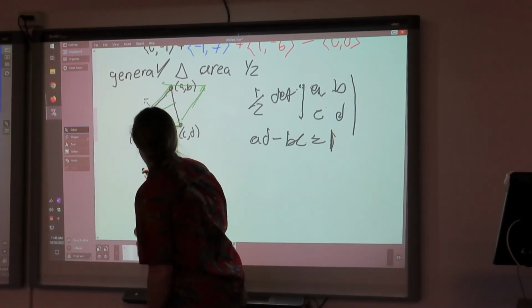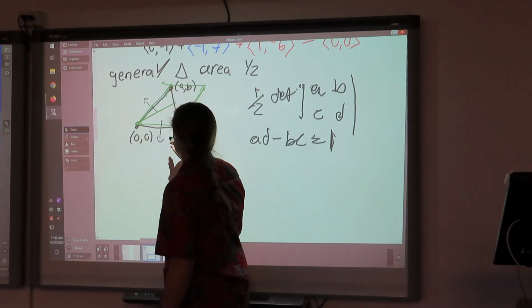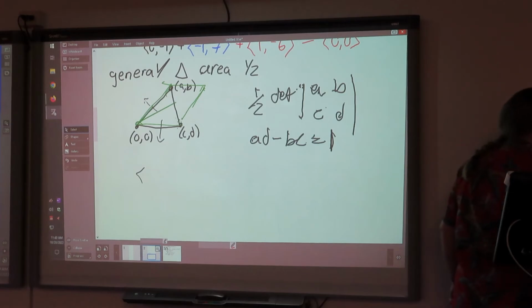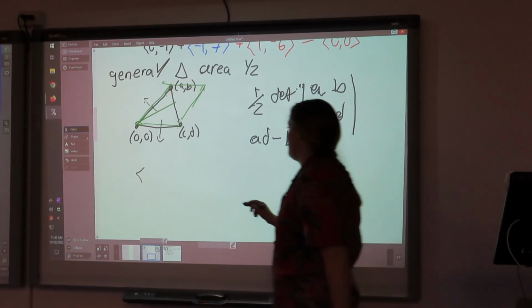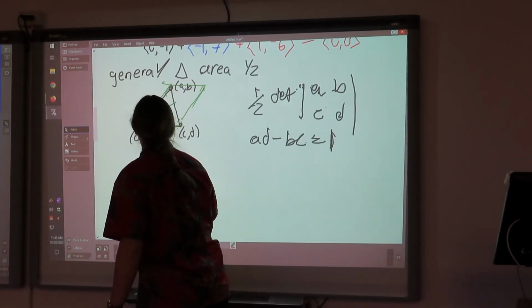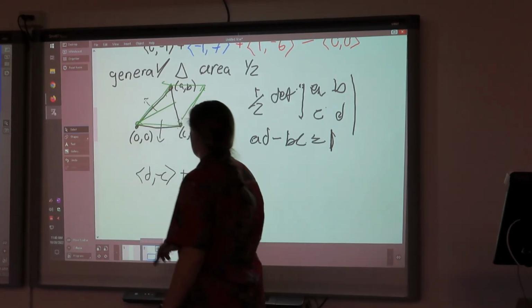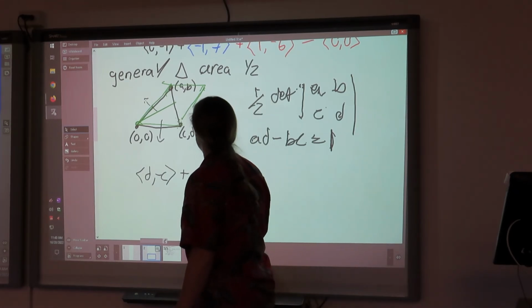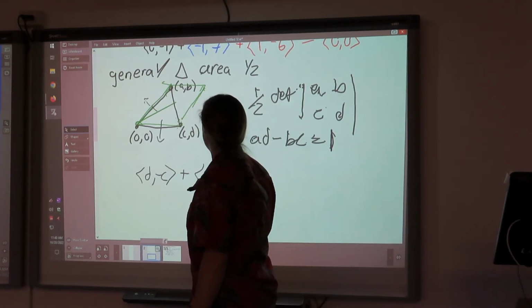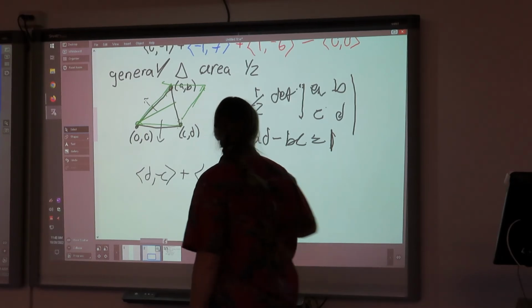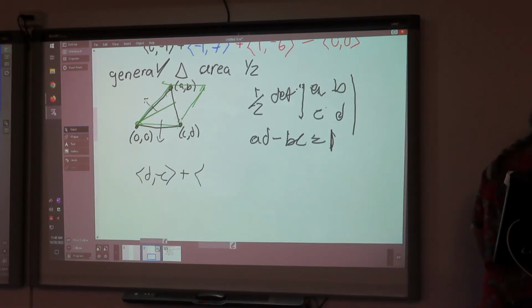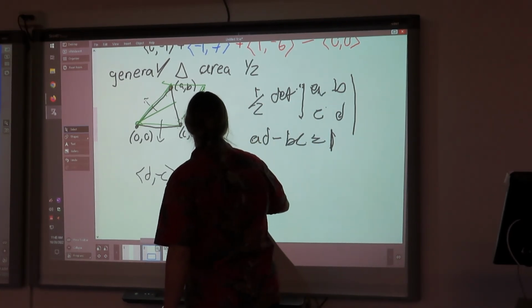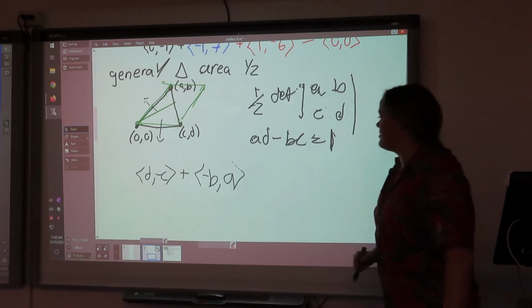So the vector perpendicular to this edge is going to be, make sure we're going over D and down -C. Still weight 1. This one, we're going backwards. So our first term is going to be negative. And so we're going to have negative B and A for that vector.